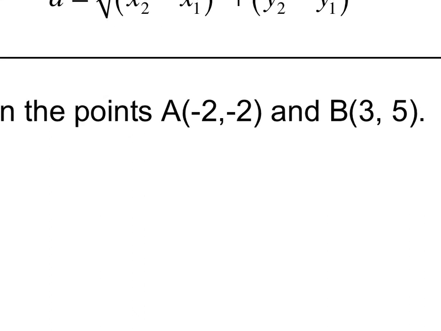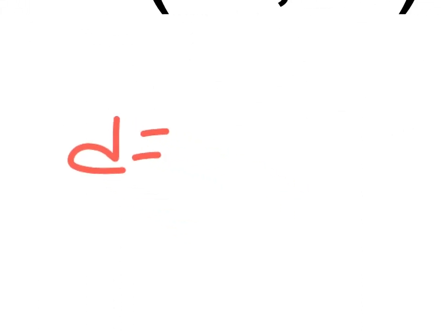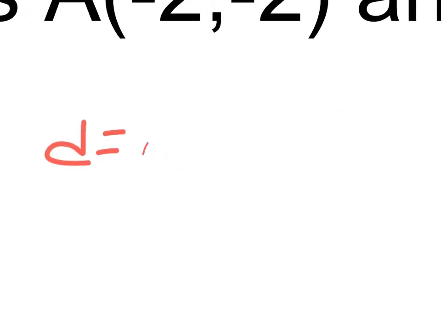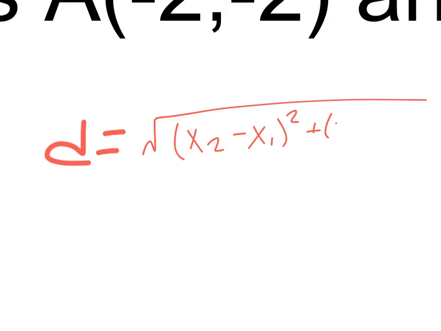So we simply write out our formula. D equals the square root of x2 minus x1 squared plus y2 minus y1 squared. So we get D equals the square root.